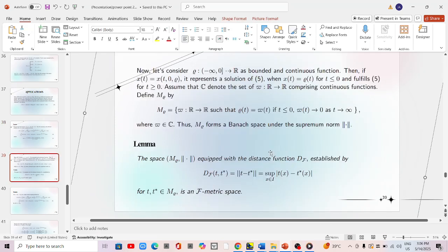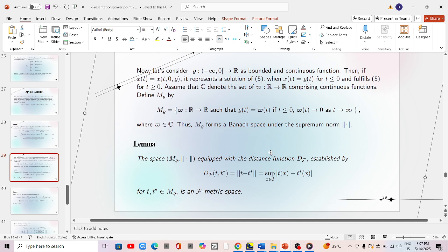Here we discuss the construction of the solution with the help of our fixed point result. It means which things we require to use our result to find the solution of the equation. If we see in our result, we need the set X. It should be a non-empty set.